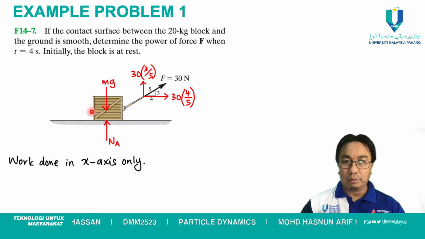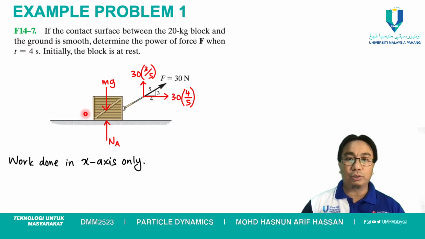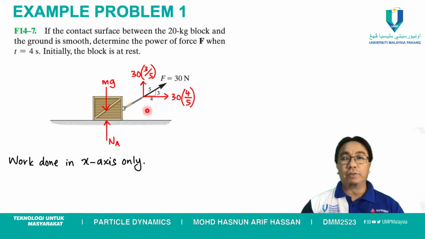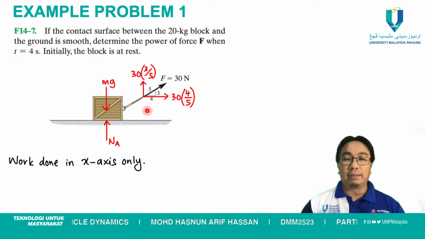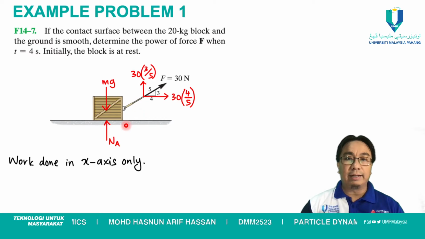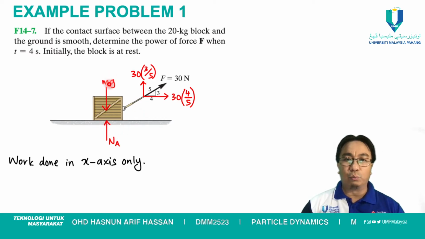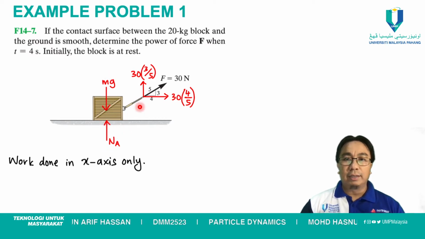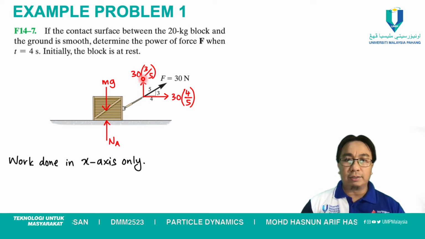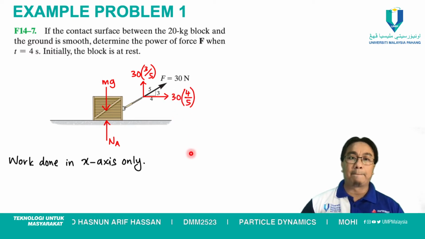And as you can imagine, the box is moving to the right, which means that the only work is done in the x-axis. So basically the weight, the normal force, as well as the component of force in the y-axis are all not doing any work.